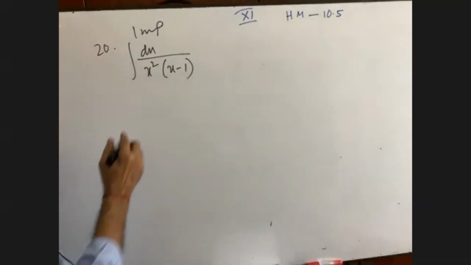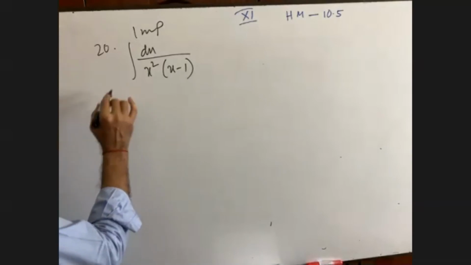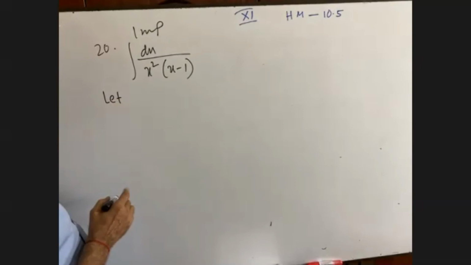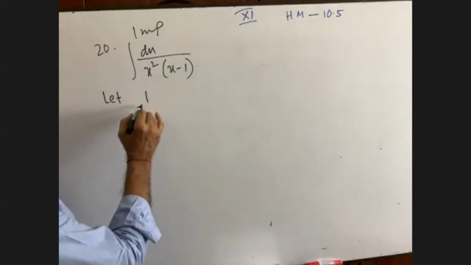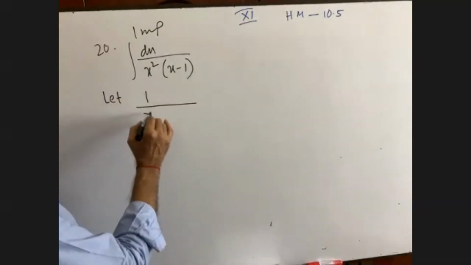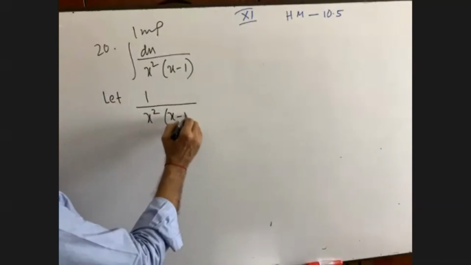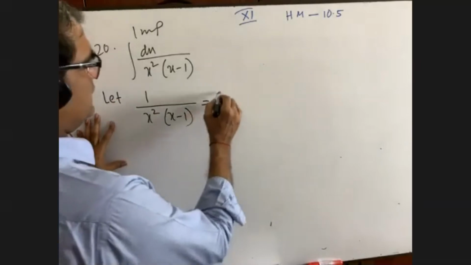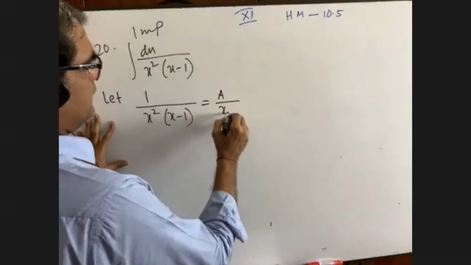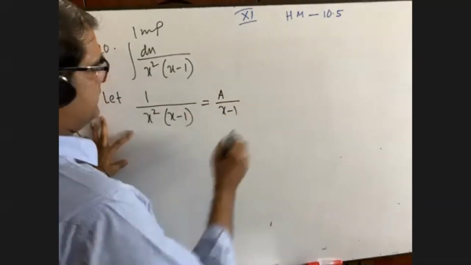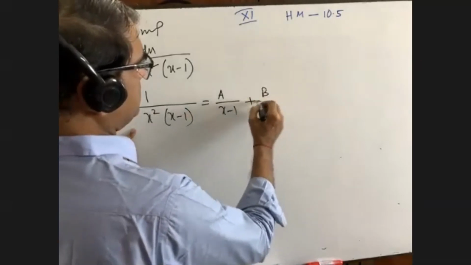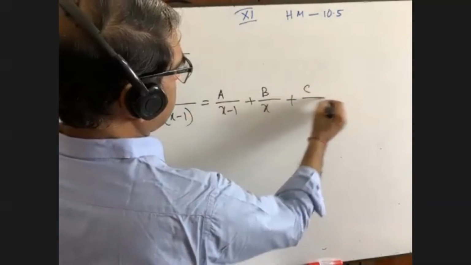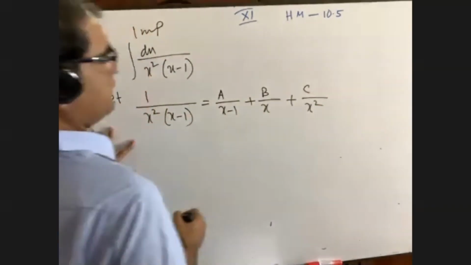Very good. You write down, we get, let this math be done as usual. 1 by x square into x minus 1 is equal to a by x minus 1, b by x and c by x square.